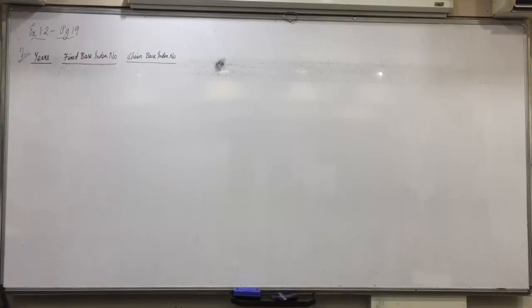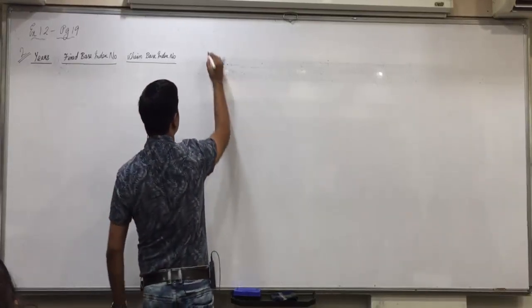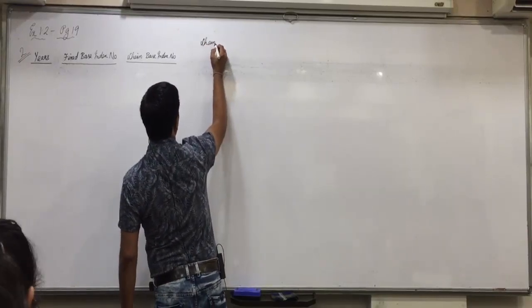And one more thing, it is compulsory that you will write the formula every time, either before the question or after the question. So write that formula first and don't write short forms in the formula.